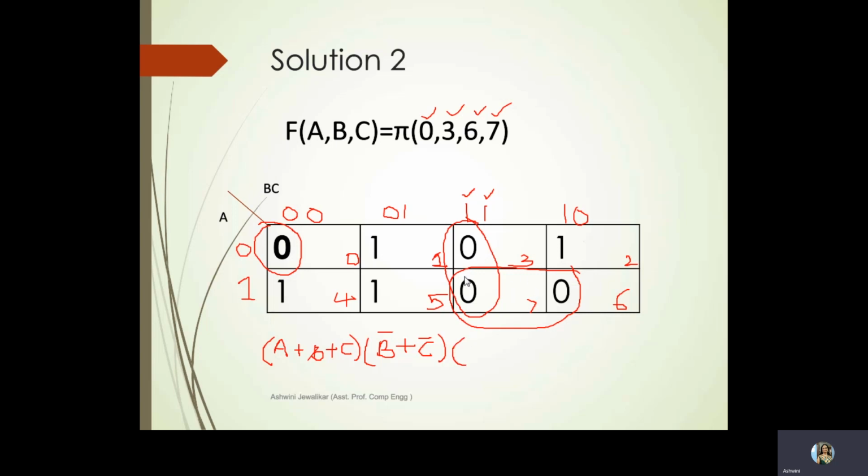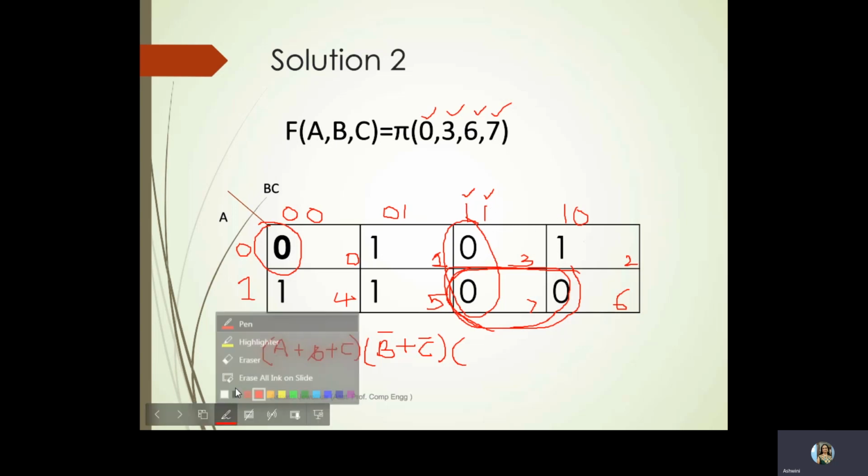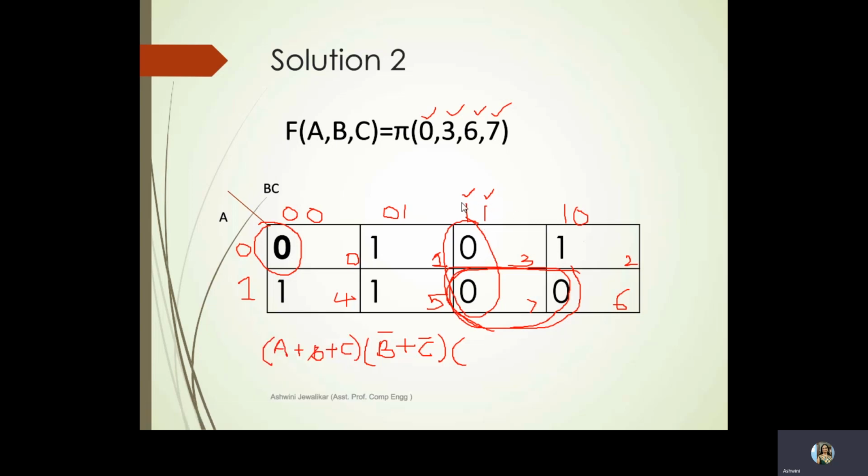The third max term will be, you can see, we grouped these two overlapping the 0. Okay. So here the value of A is 1, so this becomes A bar. And vertically you can observe that B is 1 and here also B is 1.